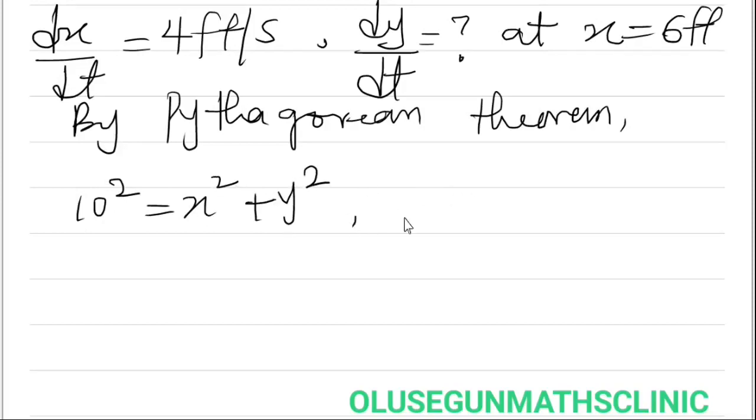So therefore, x squared plus y squared is equal to 100. Now let's differentiate with respect to t.